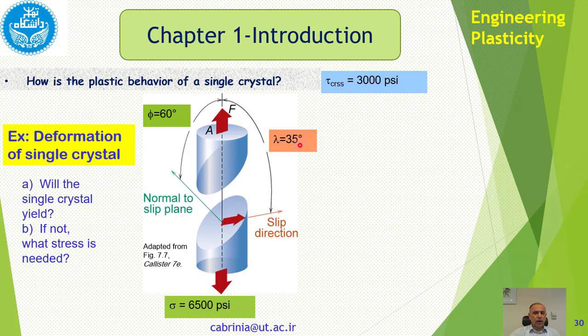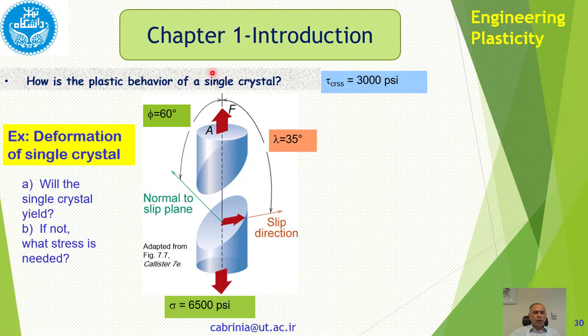Lambda is 35 degrees and phi is 60 degrees. You see, phi plus lambda here is 95, so it's not necessarily 90. And there is an applied stress of 6,500 psi, pounds per square inch.